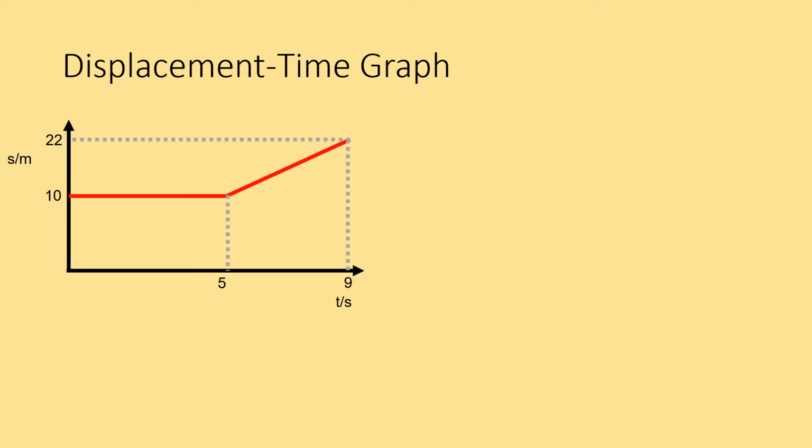So this displacement time graph starts at a displacement of 10 meters and goes for a time of 5 seconds where the displacement doesn't change. So this object is stationary 10 meters away from some origin, and is stationary for 5 seconds. Then for 4 seconds it moves from 10 meters to 22 meters away from the origin.